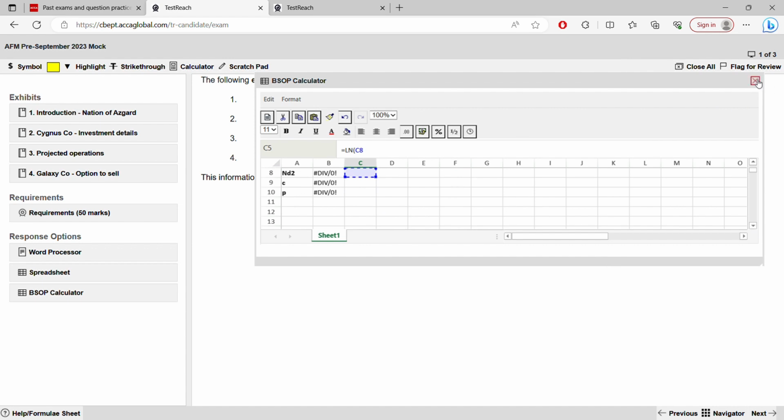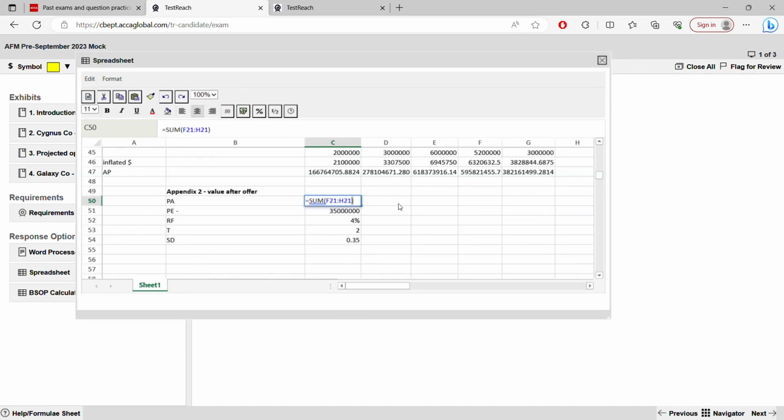Okay, I will use here itself. D1, so here equal to ln bracket. This divided by this, PA divided by PE. So I don't have to write the functions manually.